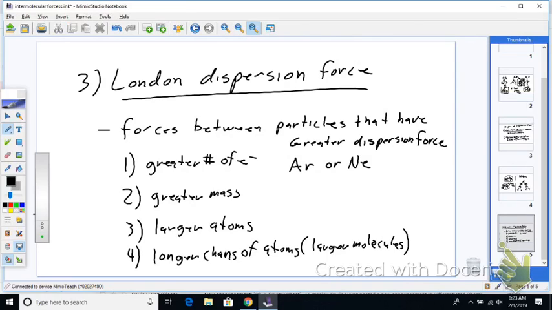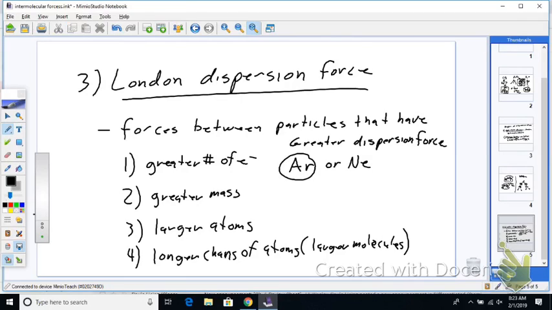Has 18 electrons if it's 0 and minus 10. Yes. So argon has a greater London dispersion force. 18 electrons for argon. So argon would be greater. Questions on that one? Okay. All right, let's do another one.